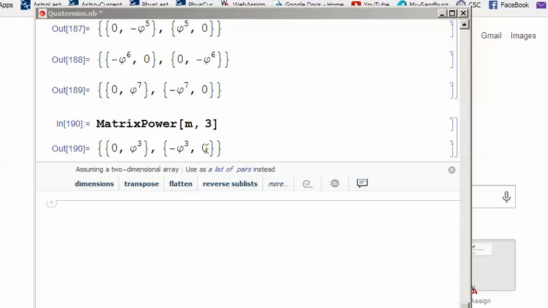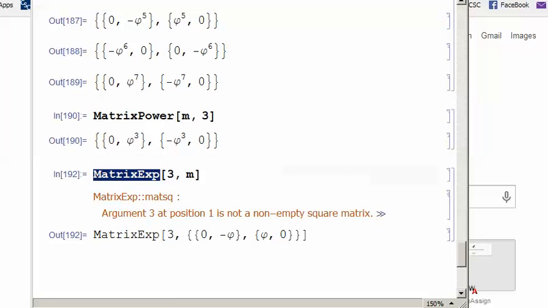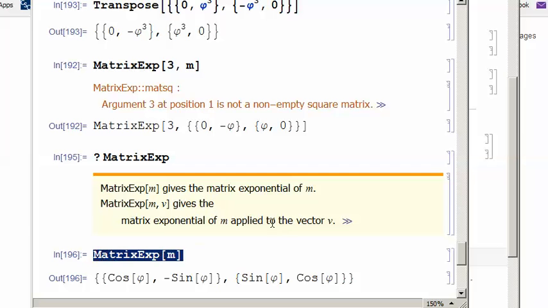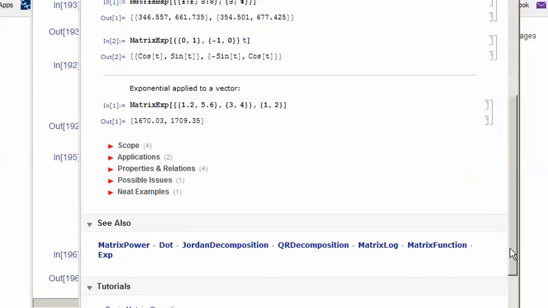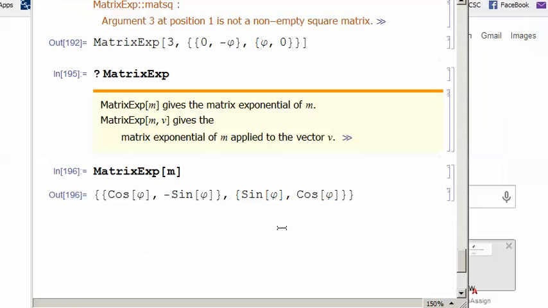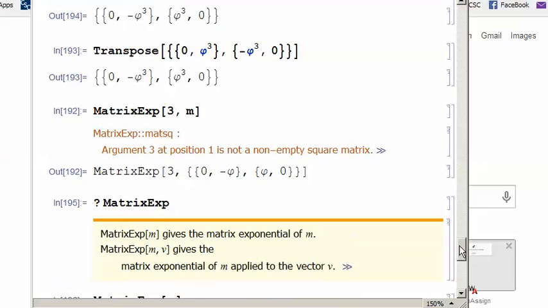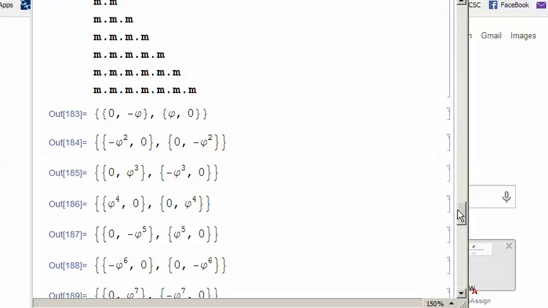Oh, it just gave me the third power of m, the m that I defined earlier. I think actually the command that I'm looking for is matrix exp. It takes the exponent of a particular matrix, and all I did was plug in that matrix from earlier, 0, negative phi, phi, 0.